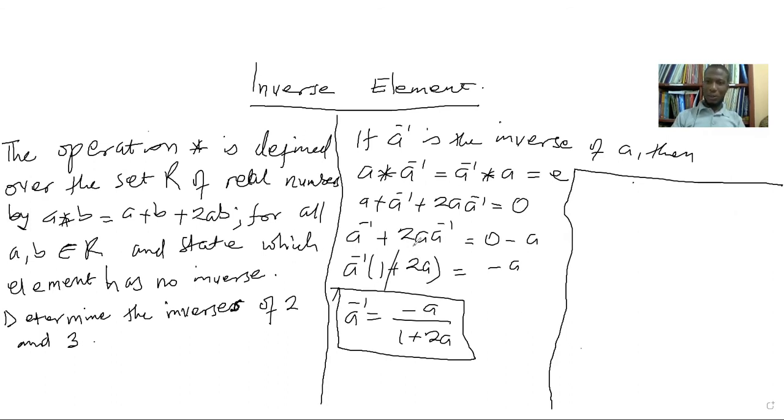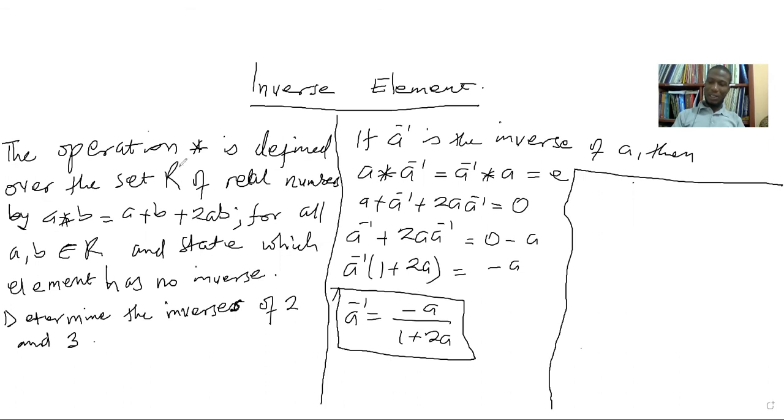I want you to use this formula to find the A inverse. So you just fix 2 wherever you see A to find the inverse of 2, and fix 3 wherever you see A to find the inverse of 3. I would like you to do that on your own, because I want you to see whether what you have learned you got it.